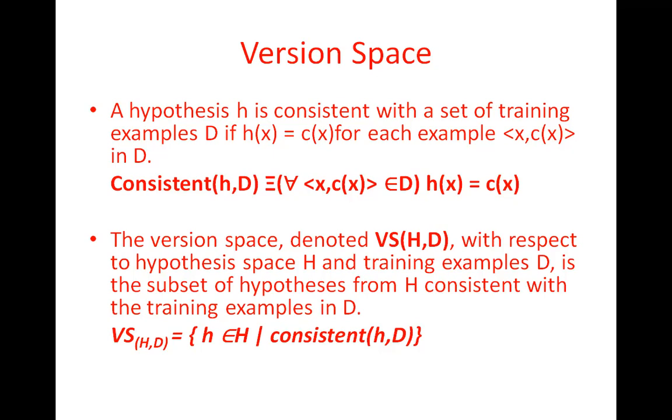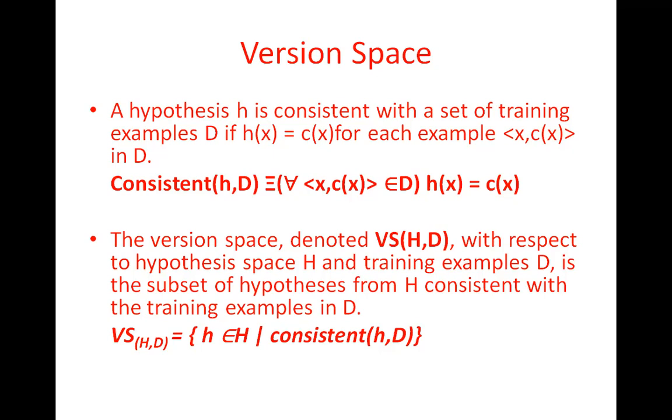If the hypothesis says enjoy sport is true, and in the training example also that column says true, then we say that hypothesis is consistent with this training example. Consistent means our hypothesis is giving the same result as is there in the training example.